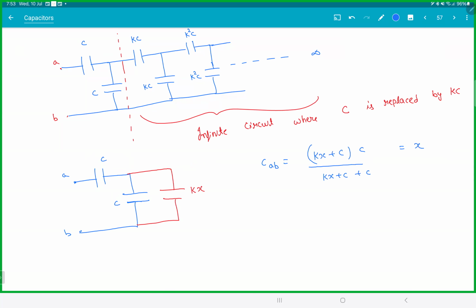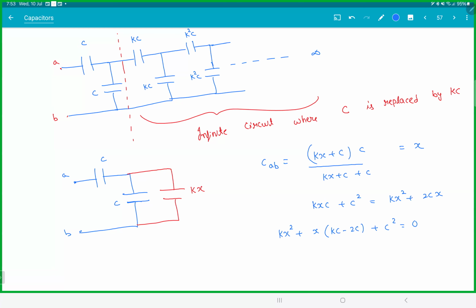CAB is nothing but X. The whole thing is again equal to X only. Simplify this. So this would be Kxc plus C square over Kx plus 2C, equal to x. So we get Kx square plus X into Kc minus 2C minus C square is equal to 0. This is a quadratic.